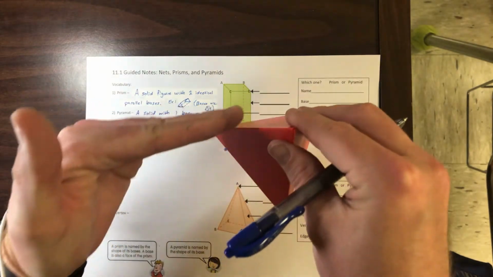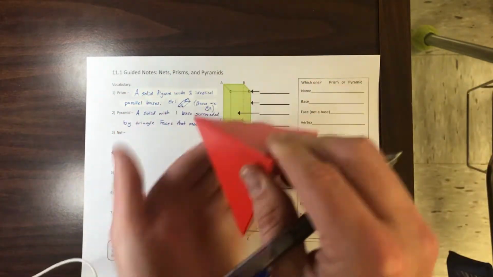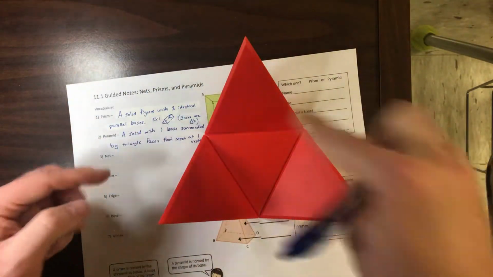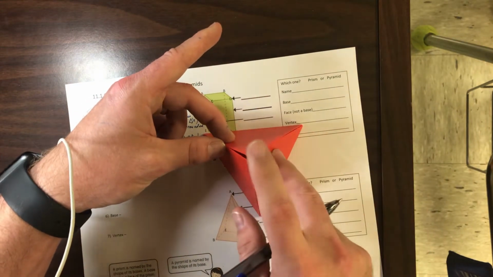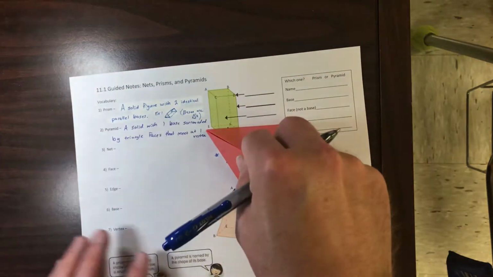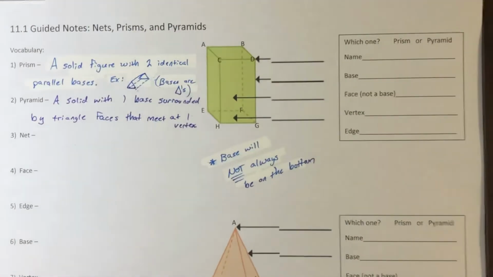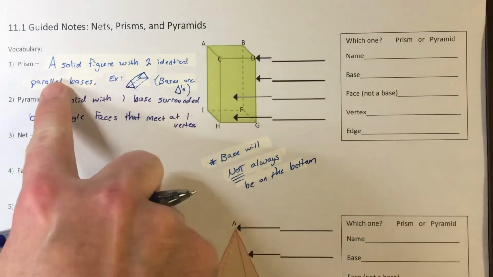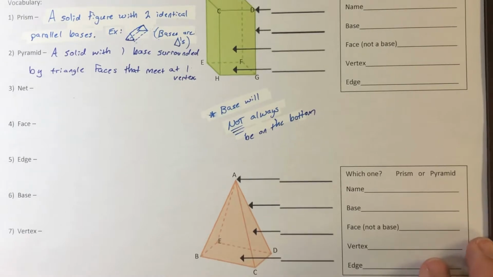This one right here doesn't have one going in the same direction on the other side. So one bottom, and it's surrounded by triangles that all meet at one vertex. Vertex means point, as we'll get to in a bit. So the difference between a prism and a pyramid: prisms have 2 bases that are opposite and parallel to each other. Pyramids have 1.